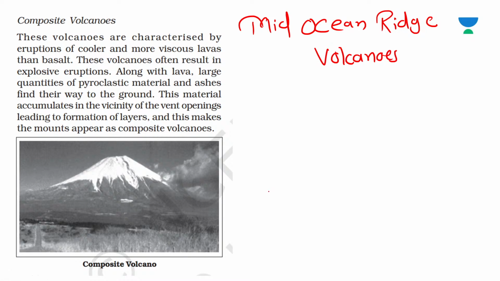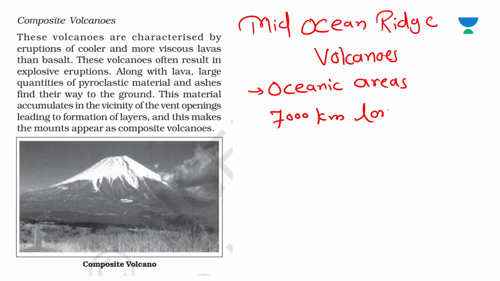Now, these volcanoes occur in the oceanic areas. There is a system of mid ocean ridge more than 7,000 kilometers long that stretches through all the ocean basins.